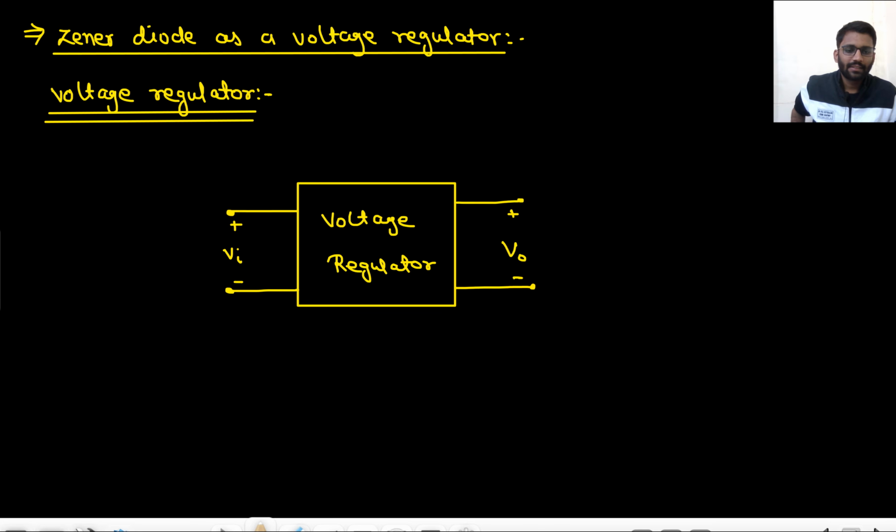Okay. Now let's see where Zener diodes are used. Zener diodes are used as a voltage regulator. Now the question is, what do you mean by voltage regulation?